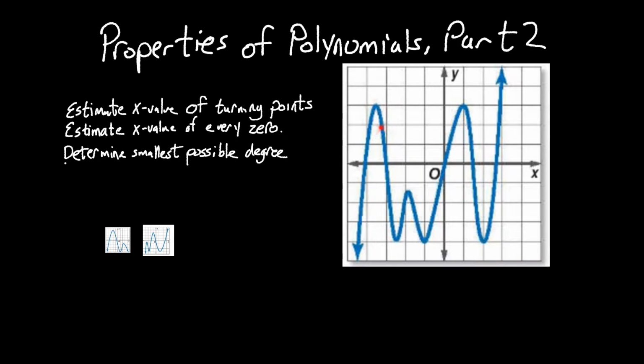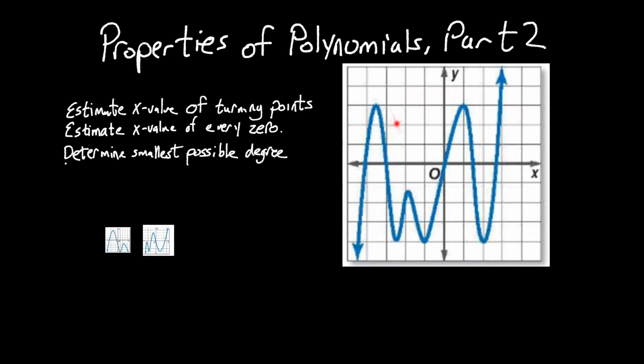You can think of them as mountains, and you can think of them as ravines or canyons. And these have other names besides turning points. When they look like a mountain like this, they're considered a relative maxima.